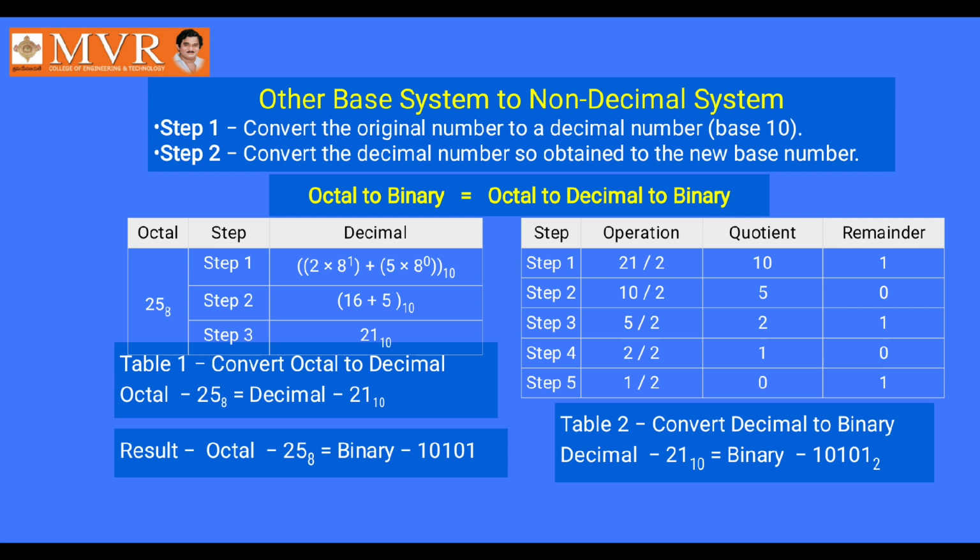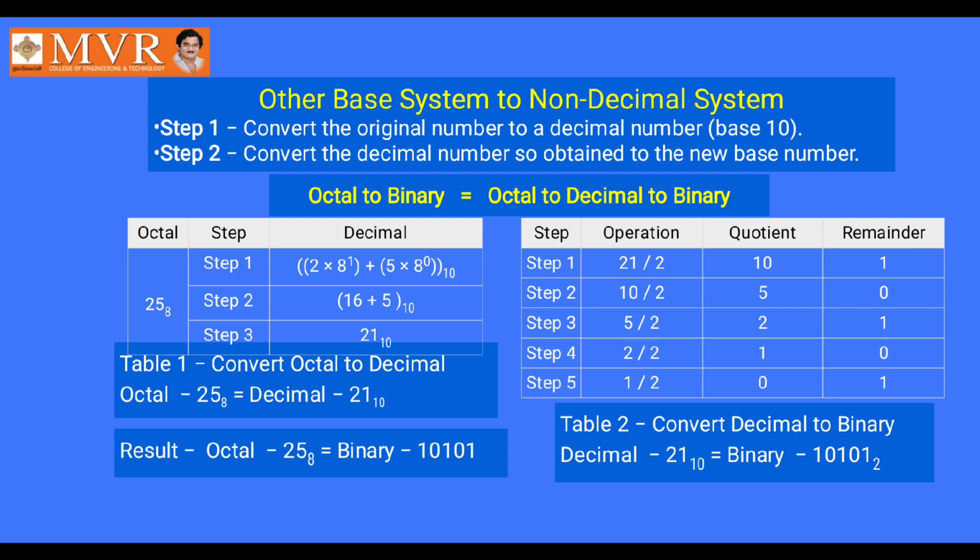So 21 by 2, quotient 10, remainder 1. 10 by 2, quotient 5, remainder 0. 5 by 2, quotient 2, remainder 1. 2 by 2, quotient 1, remainder 0. 1 by 2, quotient 0, remainder 1. And you write in the bottom to top direction 1, 0, 1, 0, 1. So the final result, the octal value 25 is equal to 10101 in binary.